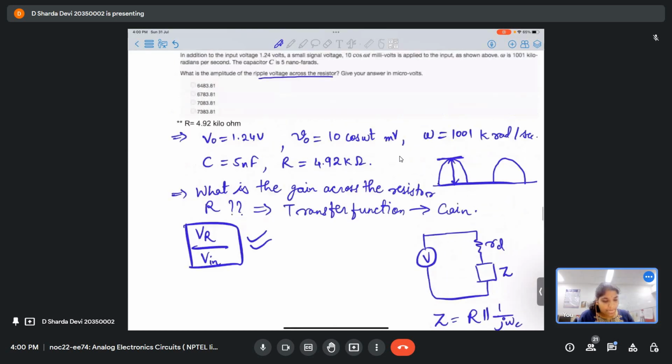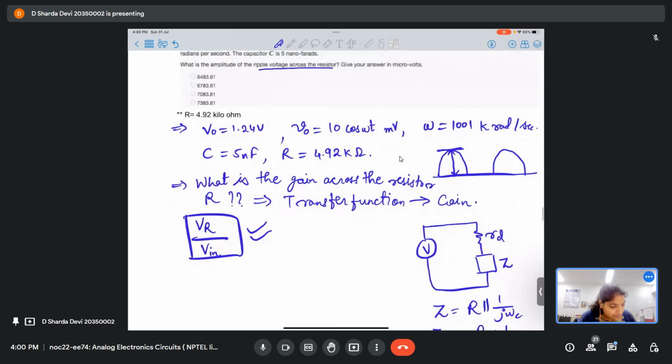So we have to find VR. VR is equal to VC, equal to VZ. This is clear, no?